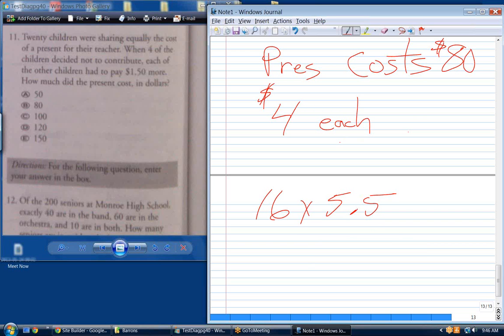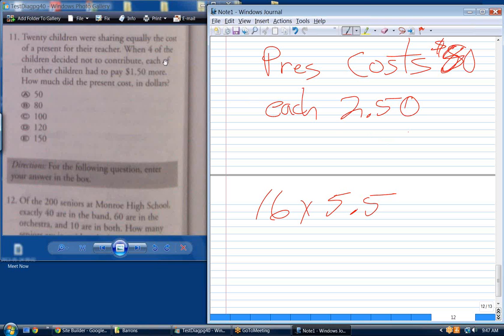Right. But let's just check to make sure. You wouldn't always need to do this if you were completely sure. So if the present cost $50, how much would each of the 20 kids, what would be their share? $2.50. Okay, so each would have to pay $2.50.